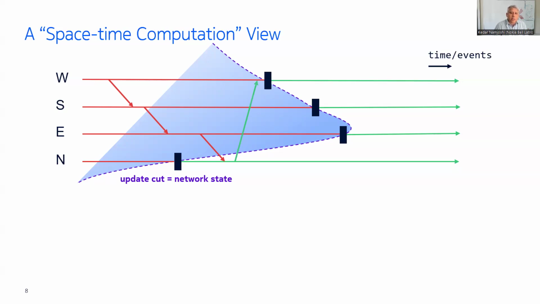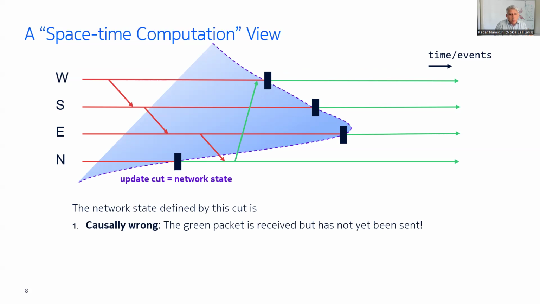And this time, this transmission crosses the cut again, but from right to left. So that suggests that these crossings are somehow a problem. And indeed they are. You can see that the state defined by this cut is causally just impossible because the green packet has been received inside the cut, but it has not been sent yet. It is sent only outside the cut. So there's a causal impossibility here.